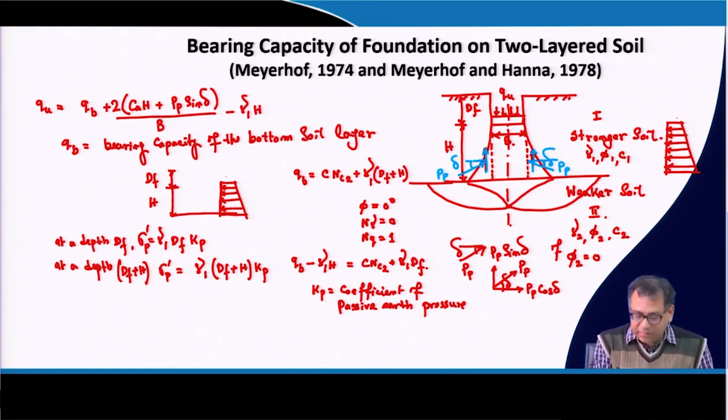Here my contribution is gamma 1 Df Kp, and here it is gamma 1 into Df plus h into Kp.